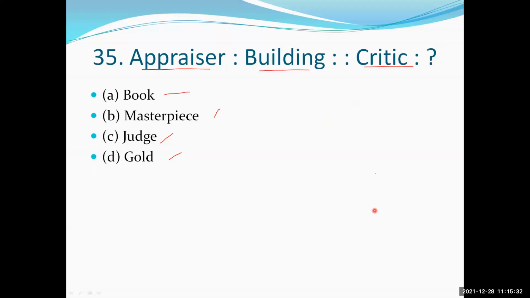Who is this appraiser and how is he related with this building, and who is critic and how will he be dealing with one of the options, whether it will be book or masterpiece or judge or gold. Try to tell me. So first of all, talk about the first pair, appraiser and building. Who is appraiser and how is he related with building? Being students of civil engineering, you can just try to find it out and tell me who is appraiser and how he is associated with building.